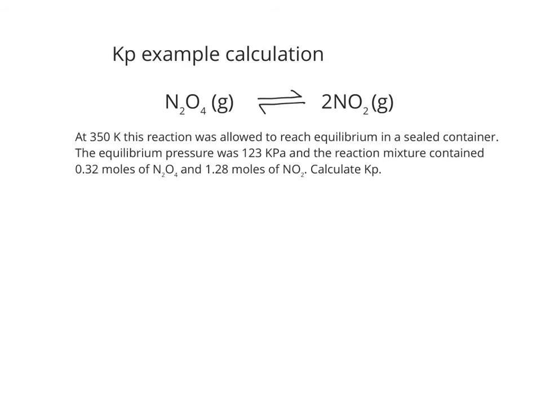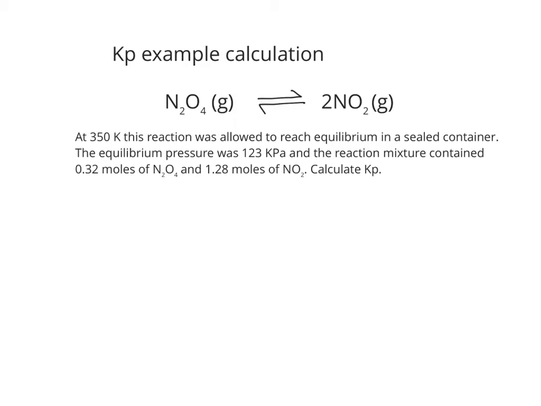So here's an example. Dinitrogen tetroxide can decompose to form 2 moles of nitrogen dioxide. Very common equilibrium equation. The question says at 350 Kelvin, this reaction was allowed to reach equilibrium in a sealed container. That bit of information is alright, but we don't really need it.